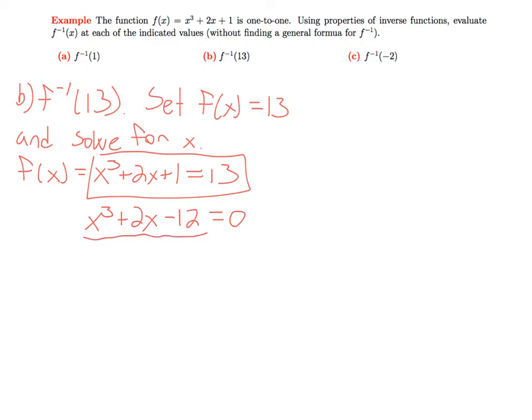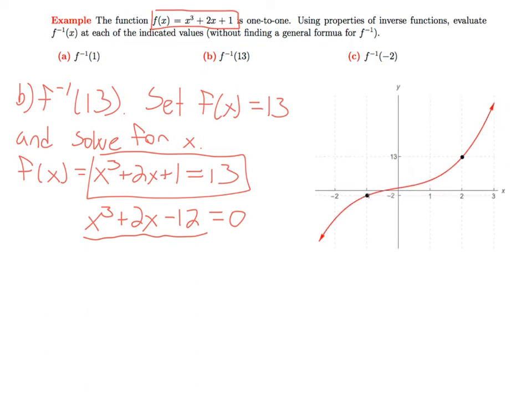We certainly could do it, but rather than solve this algebraically, let's instead take a graphical approach. We can take the function f of x up here and plot the graph, say using a calculator or Desmos or some other form of technology. And that graph I've plotted over here on the right.